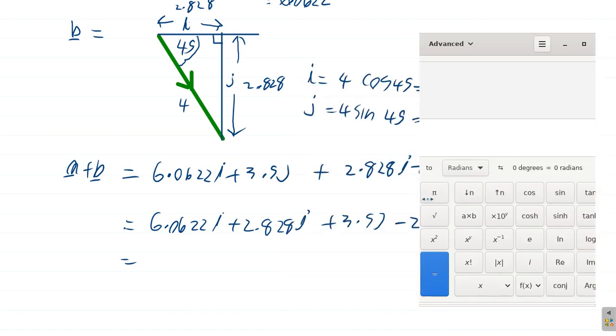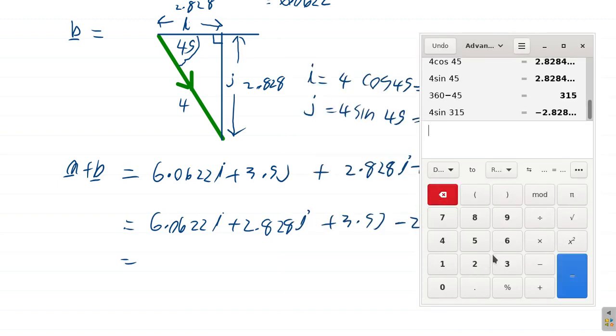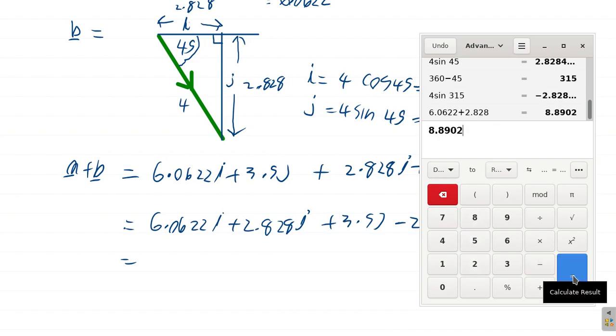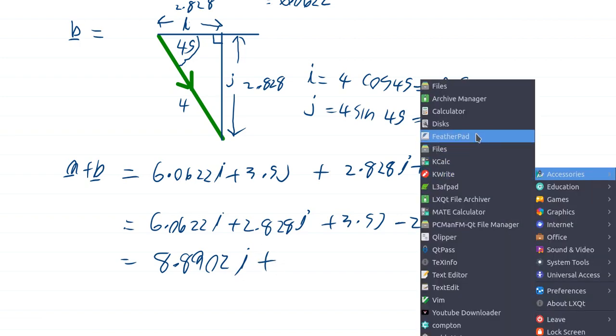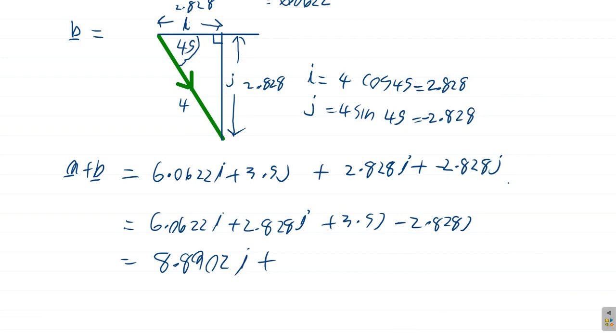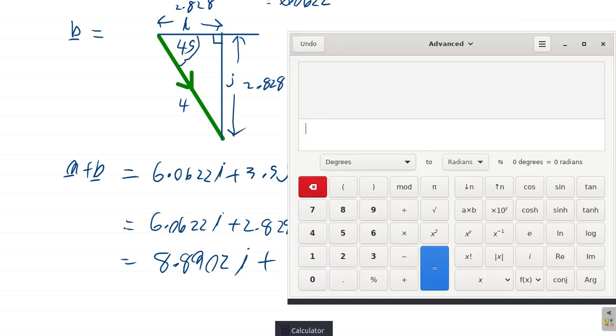So you have 6.0622i plus 2.828i gives us 8.8902i.